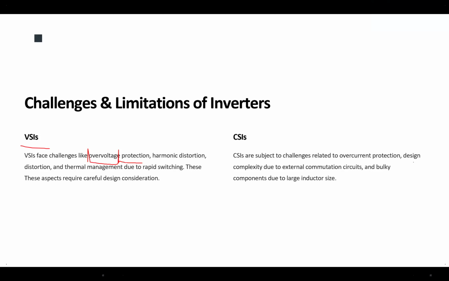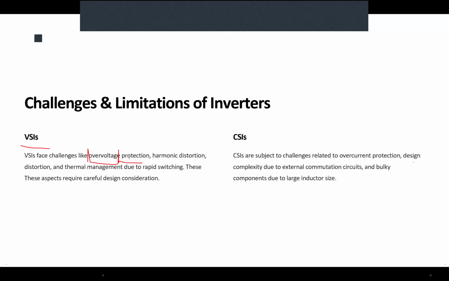So you need over voltage protection in order to guard your components, so your components would not face a high stress of voltage and would not break down the insulation in them. Okay, so this is the story behind why we need over voltage protection in VSIs.